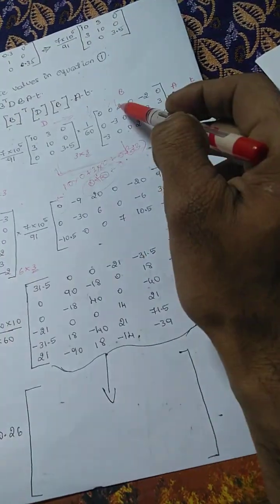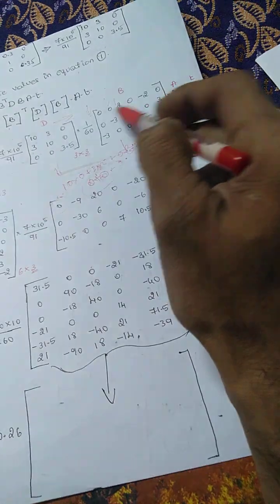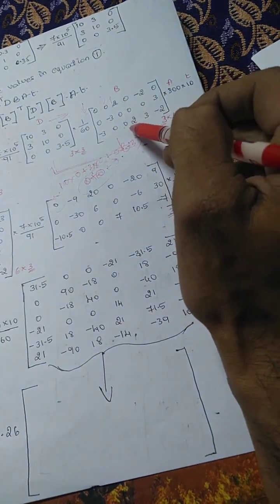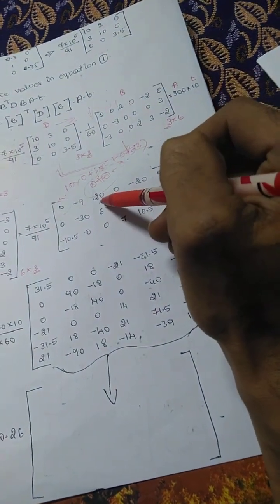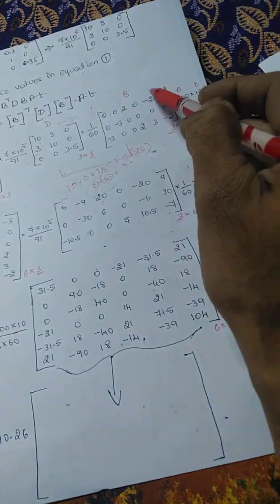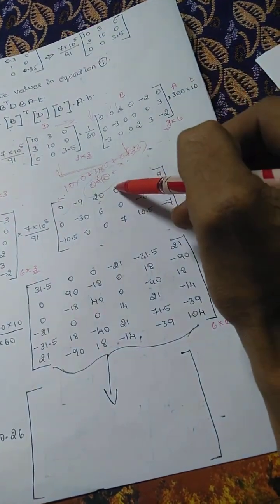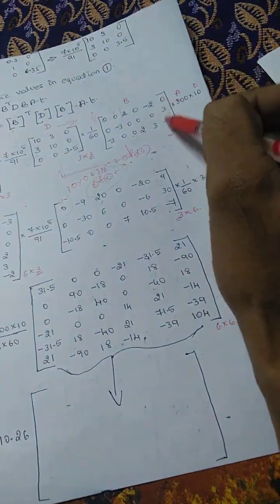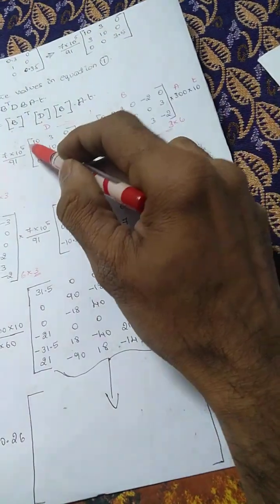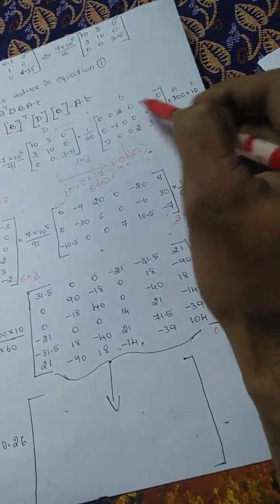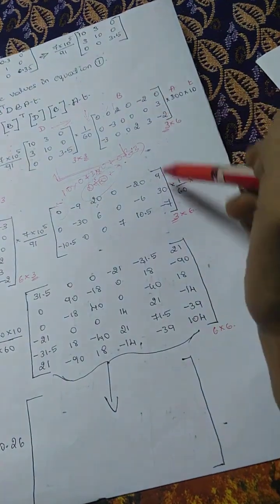So 20 plus 0 plus 0, that is 20, like that. And this one to this one will give you the fourth one, this and this will give you the fifth one, this into this is the sixth one.